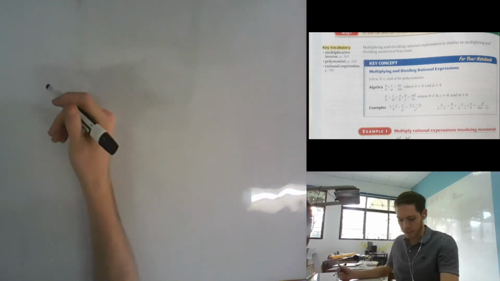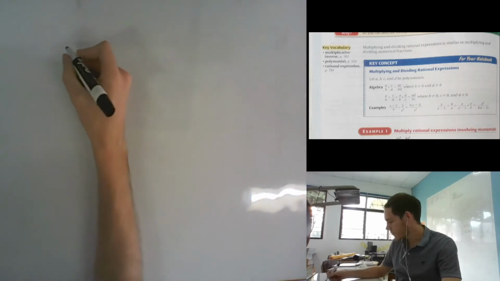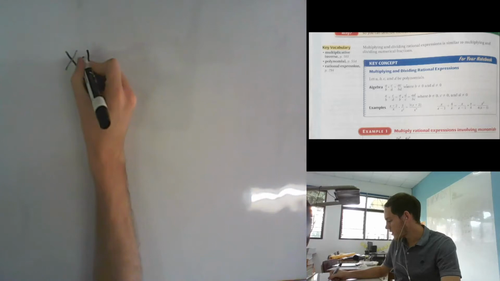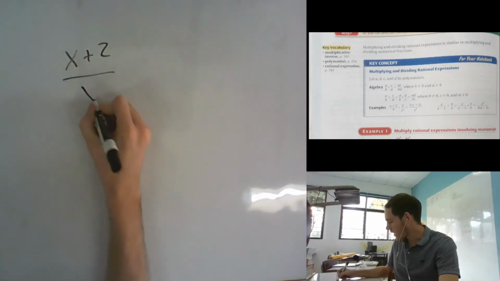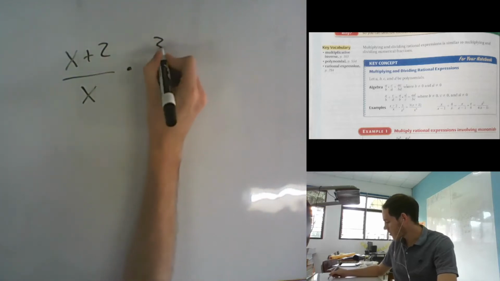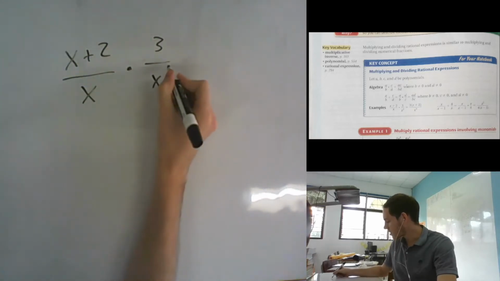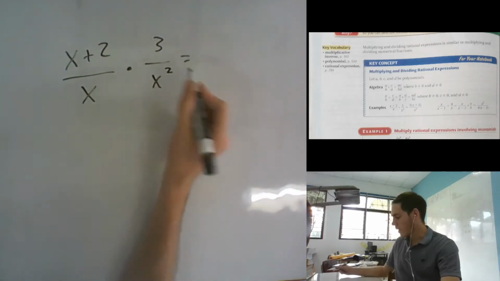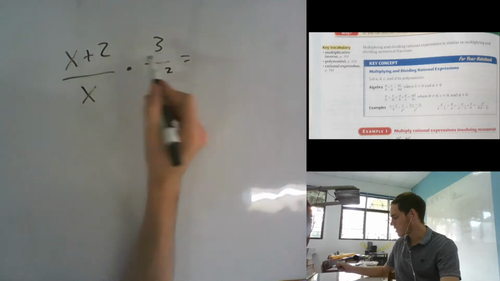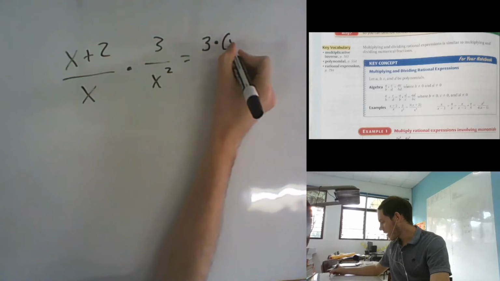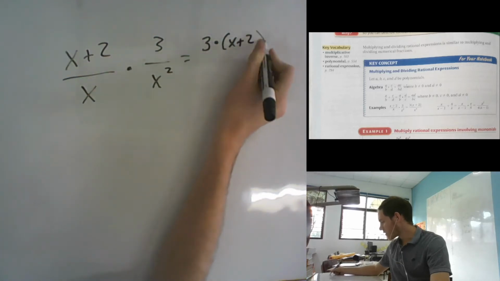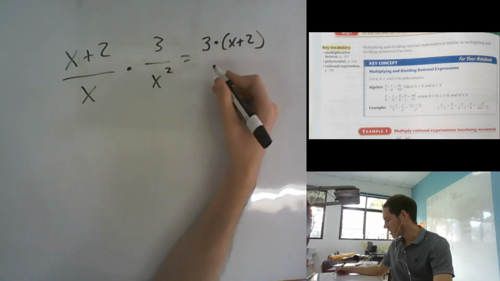Let's look at some examples. If we have x plus 2 over x times 3 over x squared, what happens here is we multiply x plus 2 times 3, so we get 3 times x plus 2. The reason why I changed the order is just because it's easier.